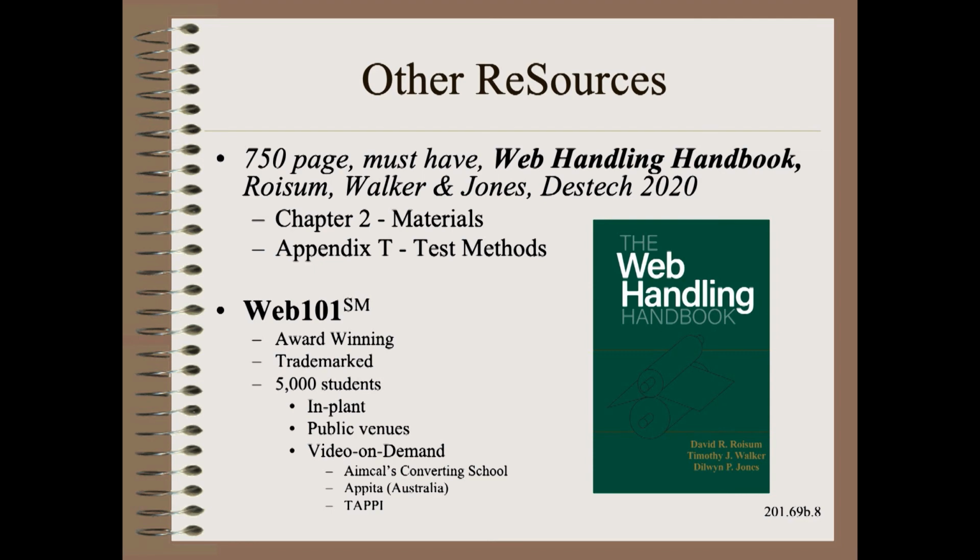The next is my award-winning and trademark Web 101 class that has been taken by 5,000 students just like you. Here we will learn which material properties are needed for web handling work and why they are predictive.